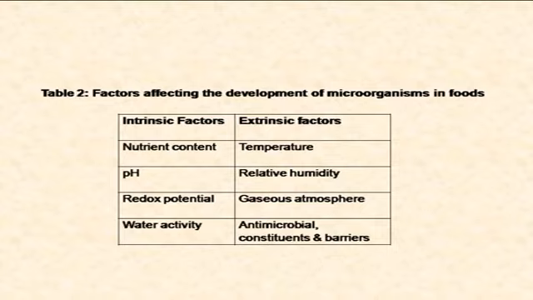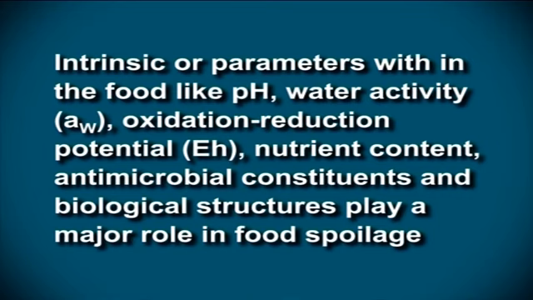Table 2. Intrinsic parameters are those within the food, like pH, water activity, oxidation reduction potential, that is Eh, nutrient content, antimicrobial constituents and biological structure, and they play a major role in food spoilage.